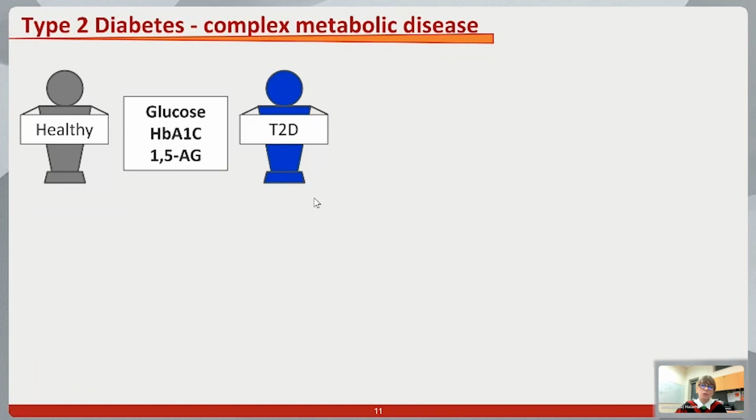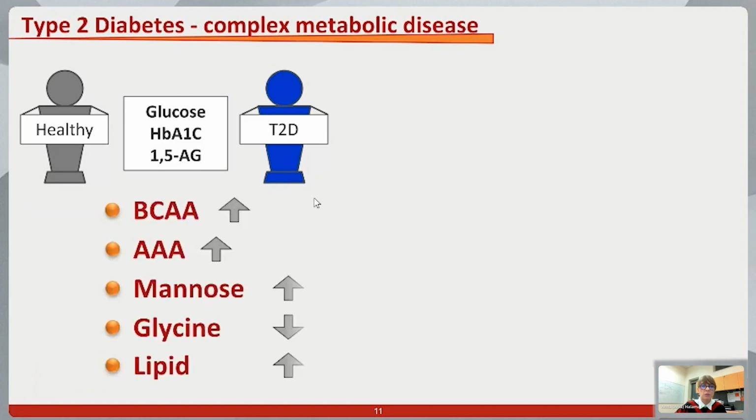So now I would like to change gear slightly to talk about how metabolomics, or metabolism, can be used as a potential signature of different diseases. If we think about the differences between healthy and type 2 diabetes, we know that there are very solid markers which were developed over the years: glucose, HbA1c level, as well as 1,5-AG, which discriminate fairly well between healthy and type 2 diabetes.